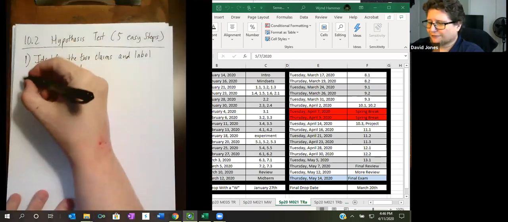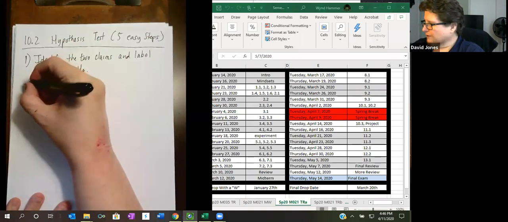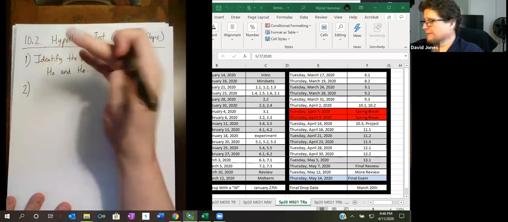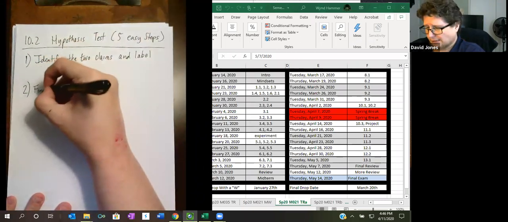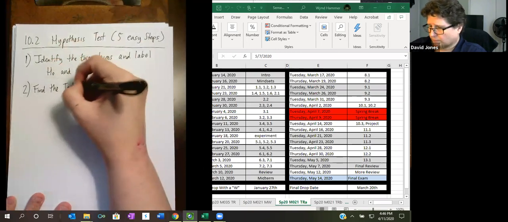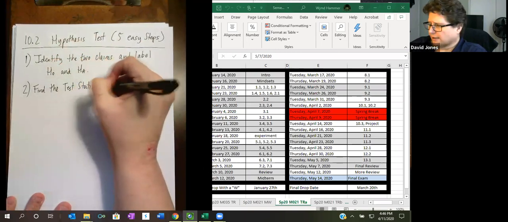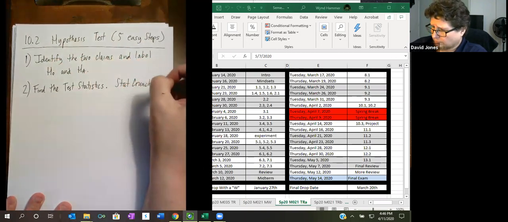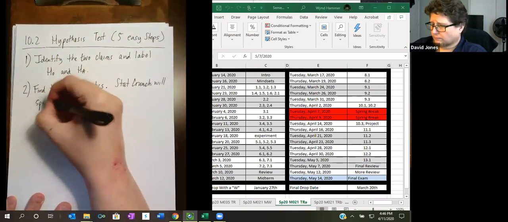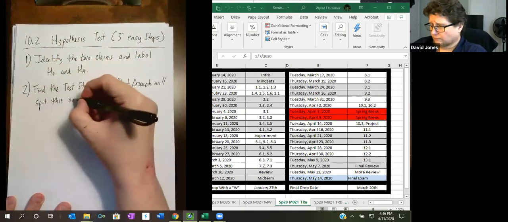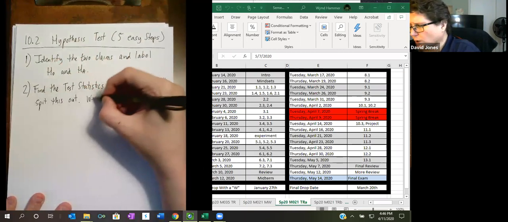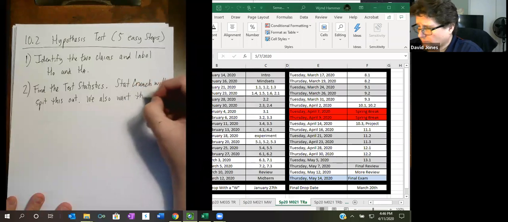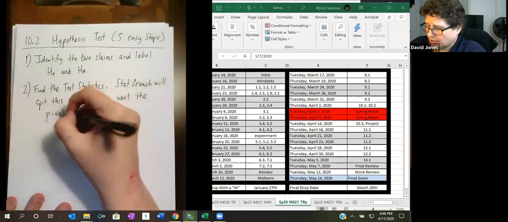Two and 3 tend to go in different orders. It doesn't really matter. I'll just do it the way I had before. 2 is find the test statistic, and StatCrunch will spit this out. We also want the p-value, and I'll go into that in a little bit.